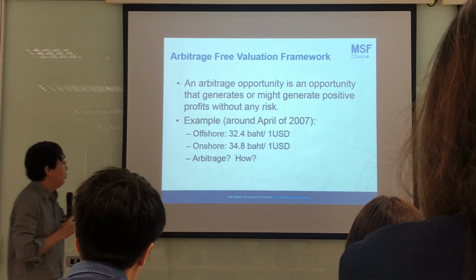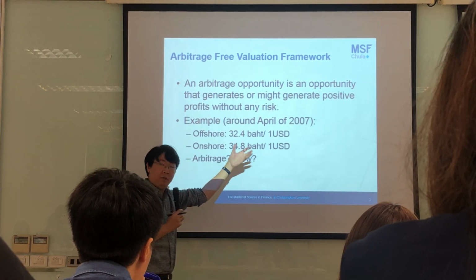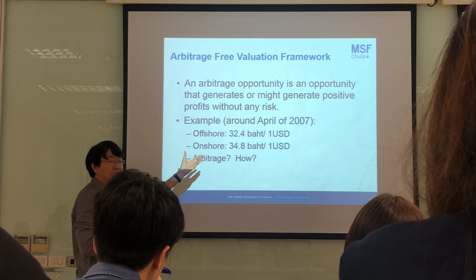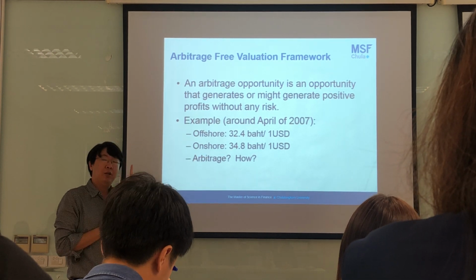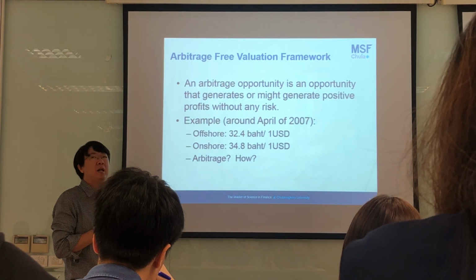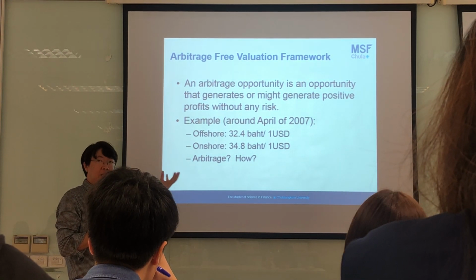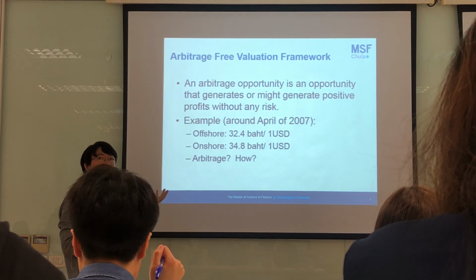And then you sell $1 at 34.8 baht. So you get about 2.4 baht per $1. And then you just pay back the money that you borrowed at the beginning. So you get the arbitrage profit.